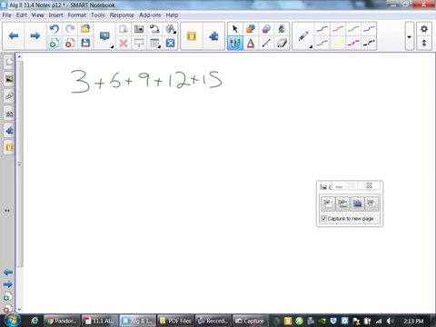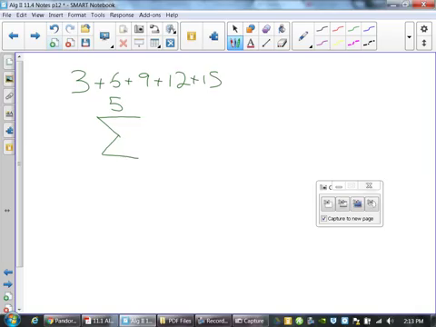If you're going to write in summation notation, it has to be a finite series, because there's no dot, dot, dot. So what we do is we draw our sigma. And the easiest thing to do first is, how many terms are in this series? 5. So you put 5 up top.